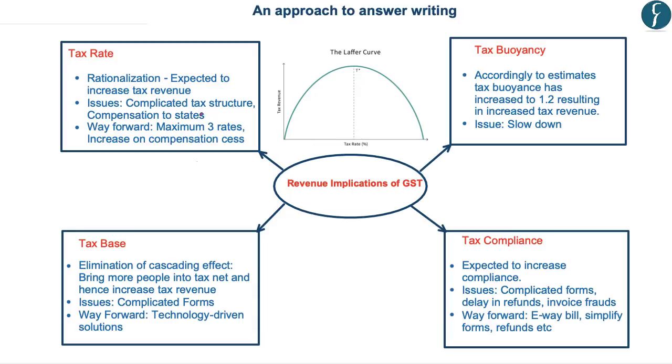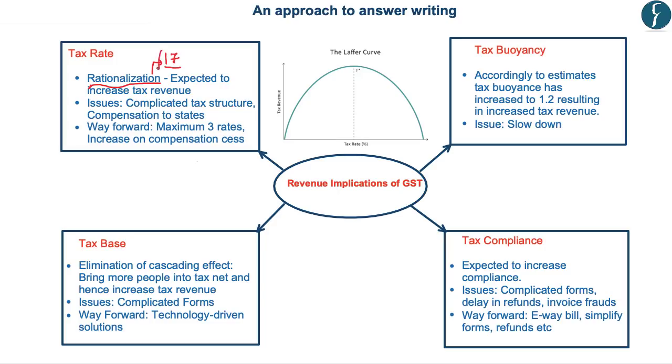Now, before we look at tax rates in GST, it should be noted that GST was a step towards rationalization of indirect taxes in that it subsumed 17 different taxes that made the indirect tax structure complicated.